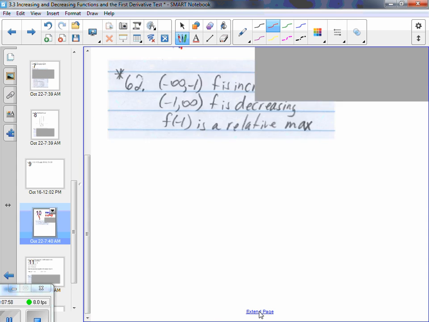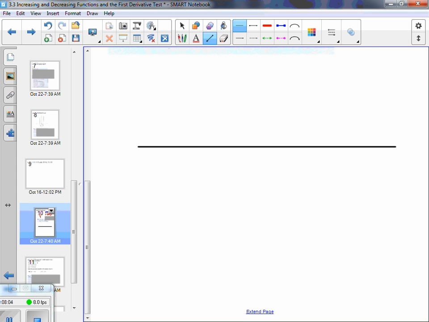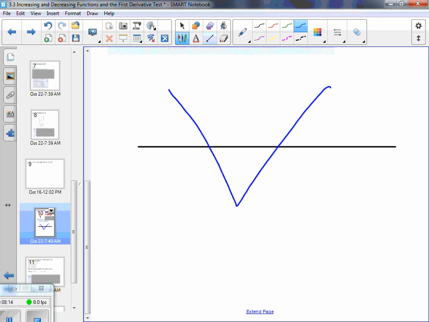So look, let me just make one up. And all I'm going to put on here is the x-axis. Here's the x-axis. Okay? I'm not even going to put numbers on the x-axis. If my derivative does that, it crosses the x-axis how many times? 2. Right here and right here. All right?